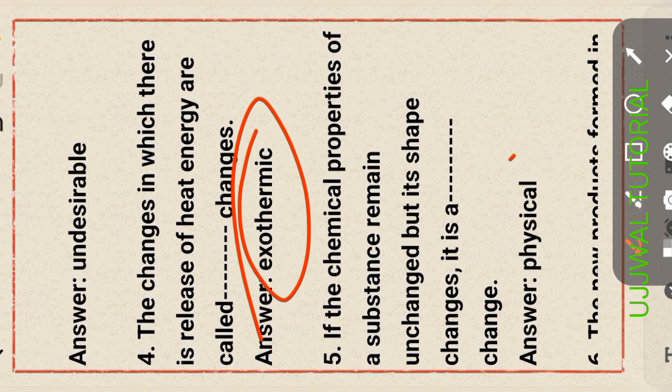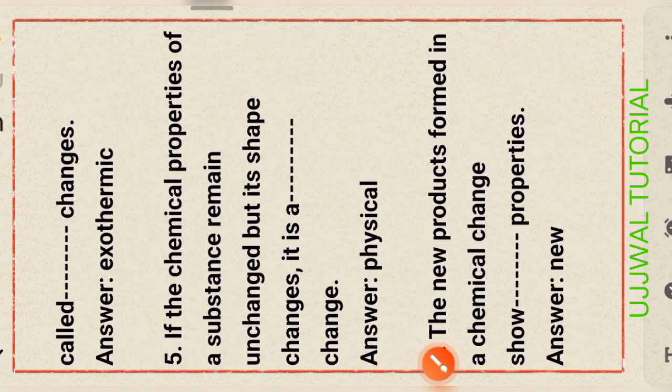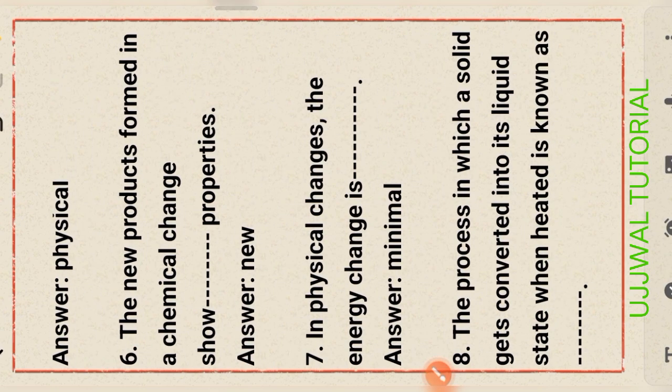If the chemical properties of a substance remain unchanged but its shape changes, it is a physical change. There is no change of composition. Next question, question number 6.